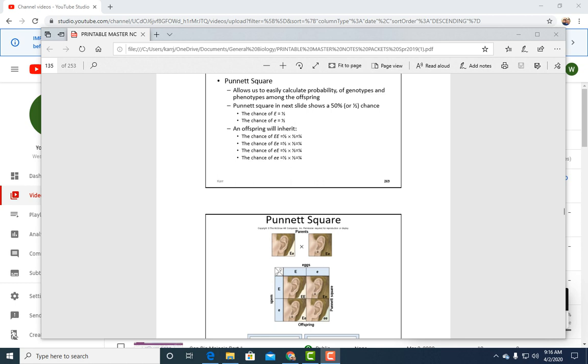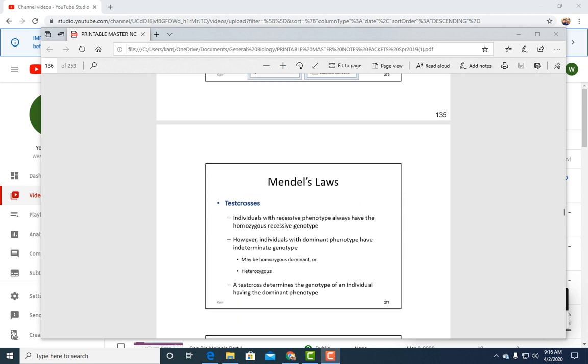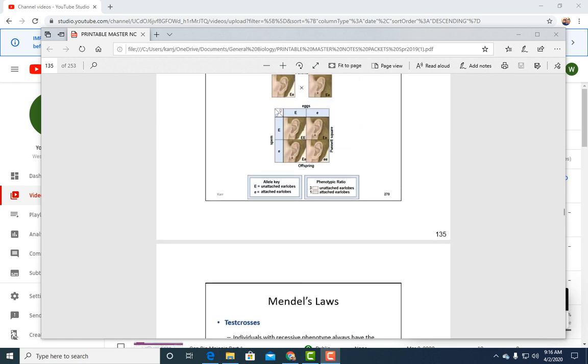But if we ever see the recessive phenotype appear in the F1 generation, then we know that the parents each had little e. And if we know that one parent was homozygous recessive, little e, the only way to get this would mean that the other parent had to be heterozygous and could not be homozygous dominant.